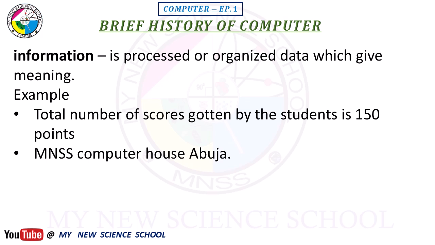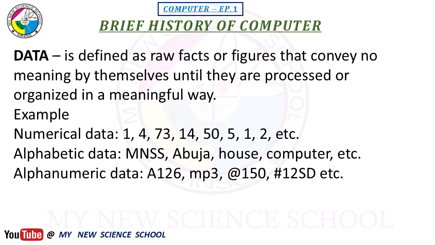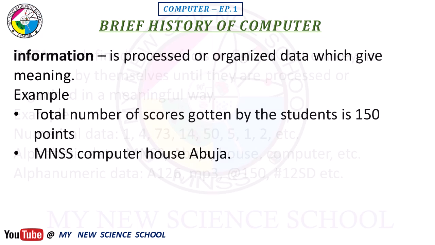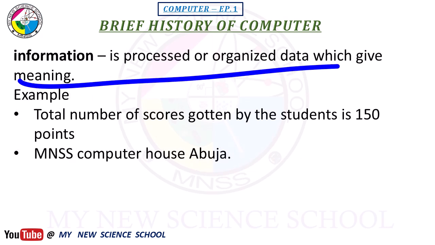With this example, we hope that you understand the difference between data and information, and these are the simple definitions of the two. This is the definition of data and this is the definition of information.